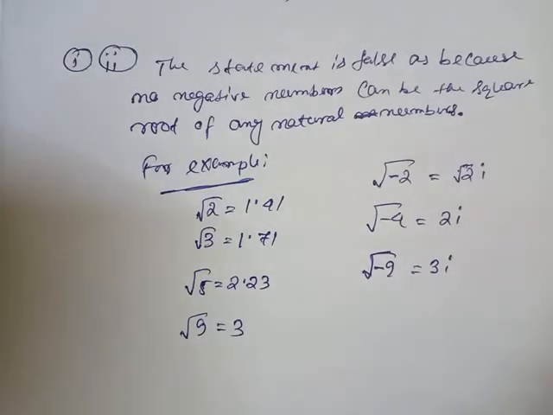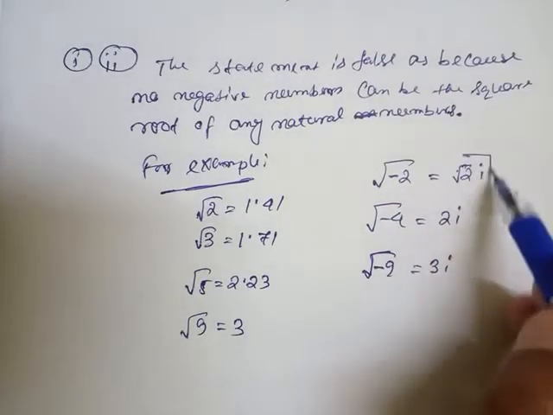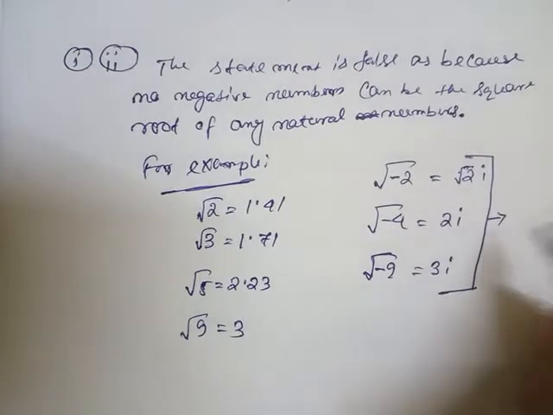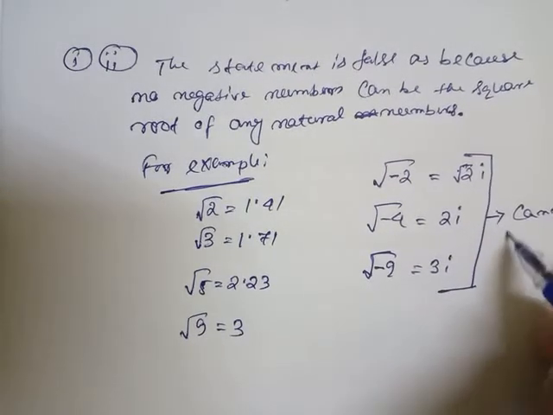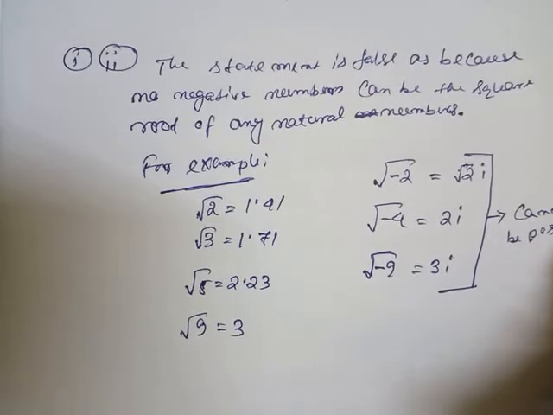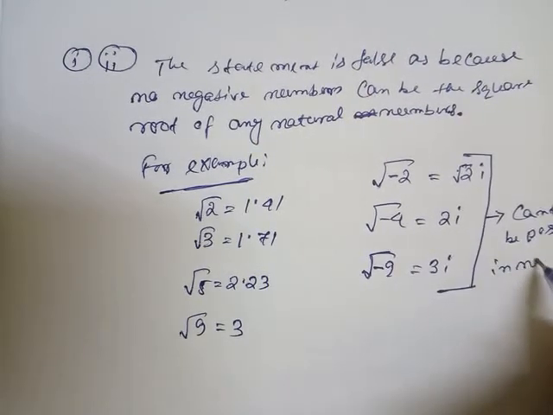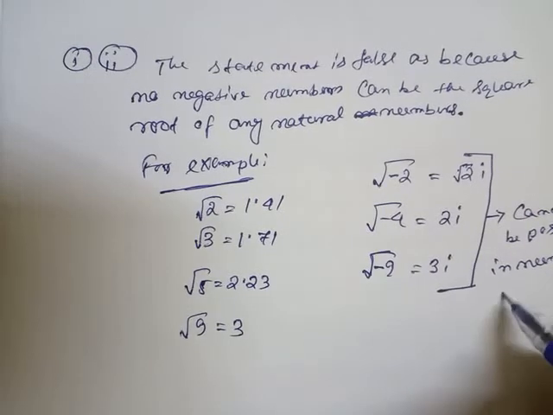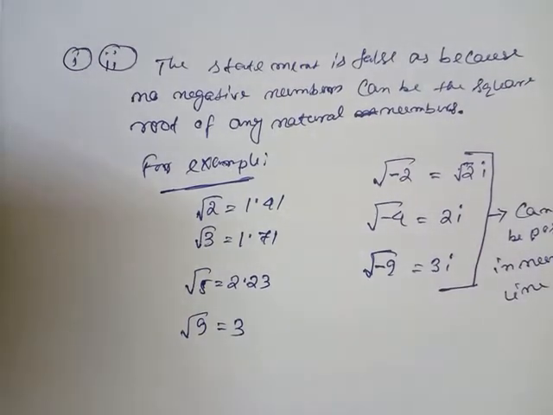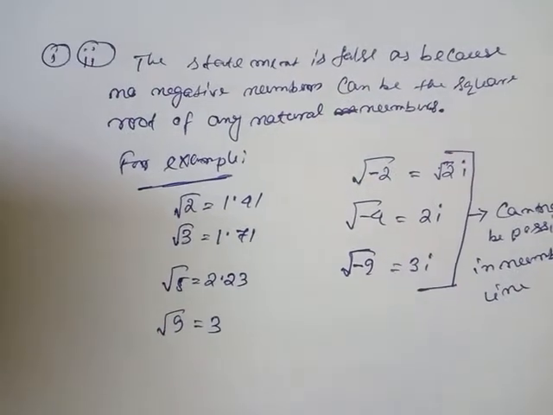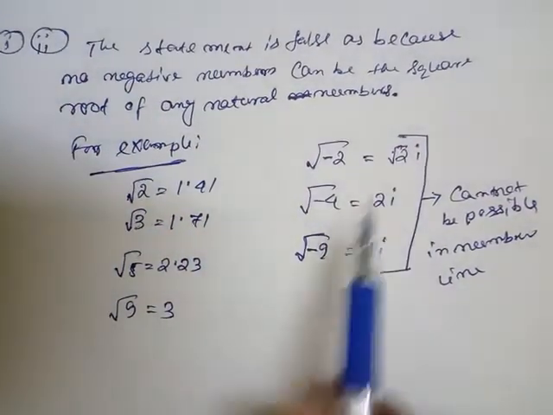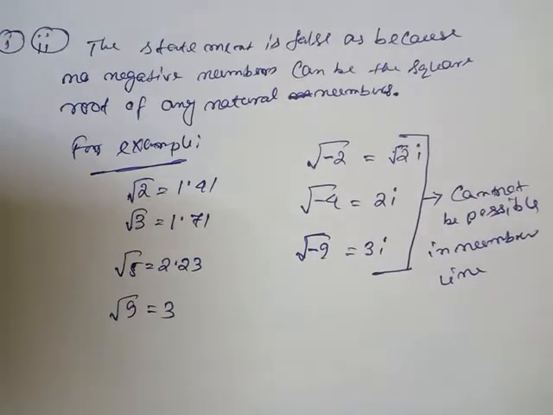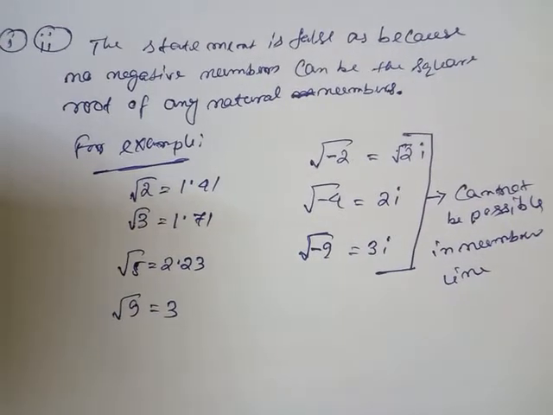The i means the imaginary number, which means this is not possible on the number line. This portion cannot be possible on the number line. This i means the imaginary number, or we can say the complex number.